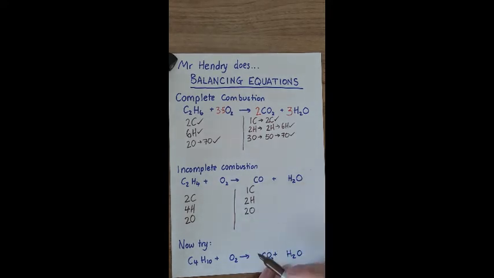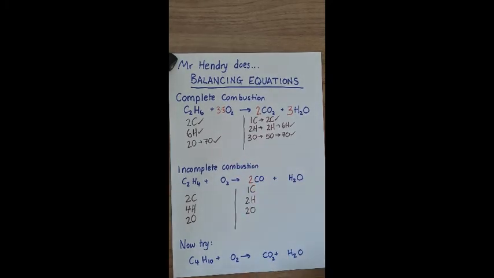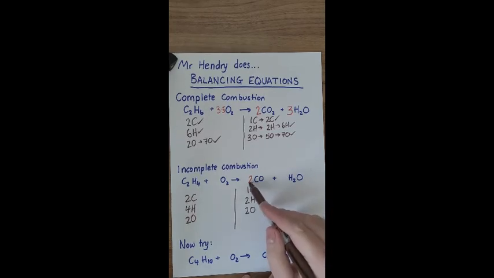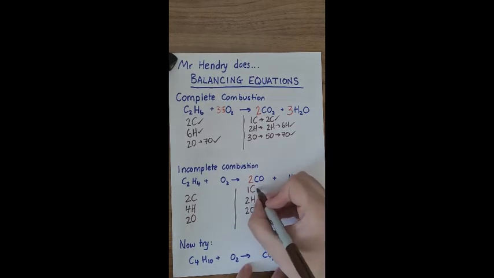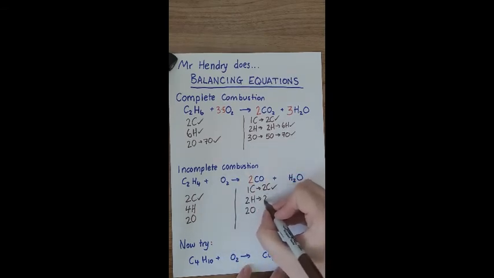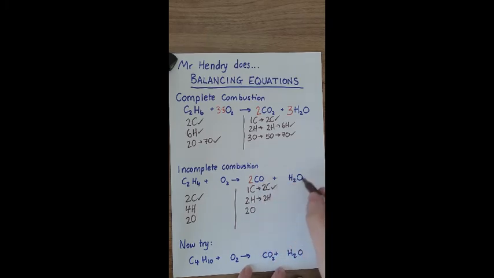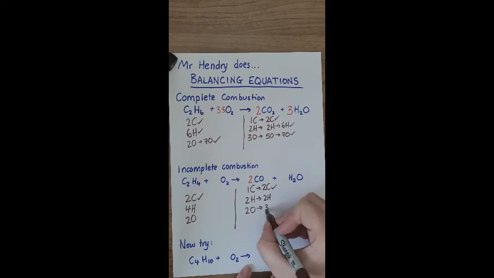Again, we're going to start at the top, and we're going to put a 2 in front of our carbon monoxide to balance the number of carbons. So remember, we can now do 2 times 1 to give us 2 carbons, so these balance. We've done nothing to our hydrogens, and we now have 2 times 1, 2, plus 1, we now have 3 oxygen.